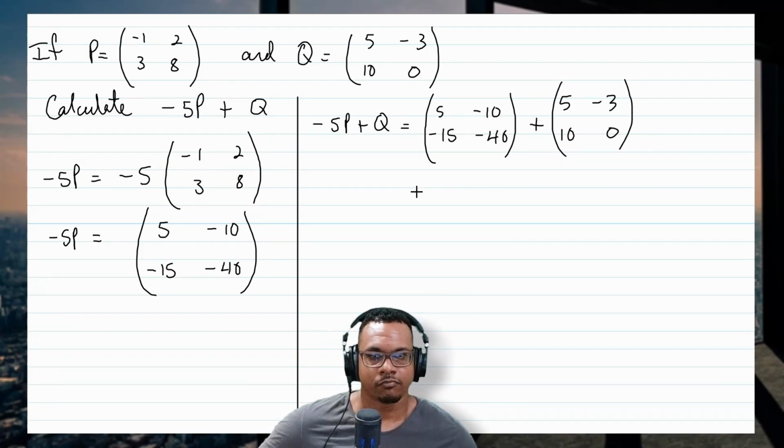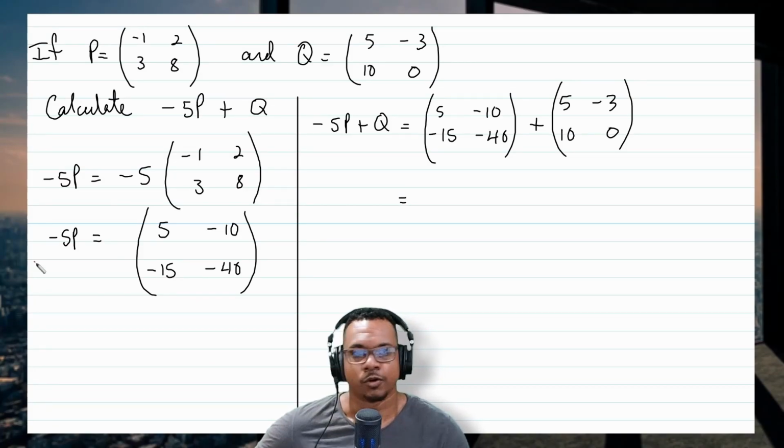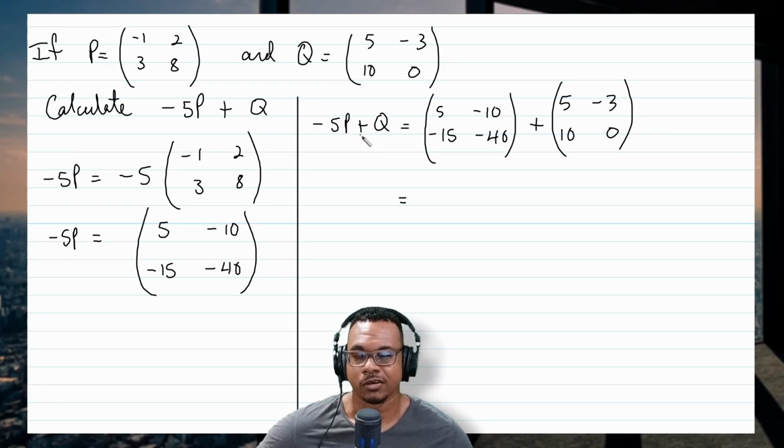Okay. So now let's move on quickly, because a question like this, you don't want to write everything out and take long, especially in the exam. So you're going to go, that's 5 plus 5, the answer is 10. So this is how we normally do it.